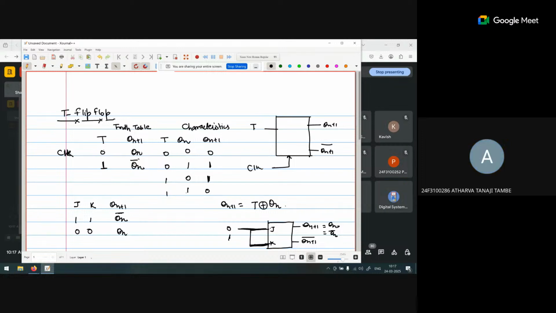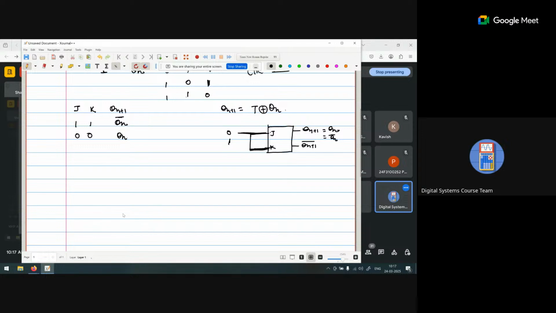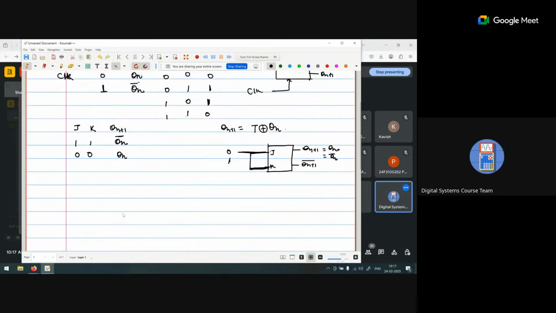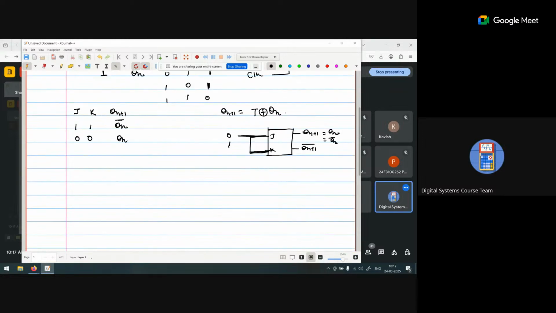So its characteristic equation, for this scenario, we are not using a different T flip-flop.